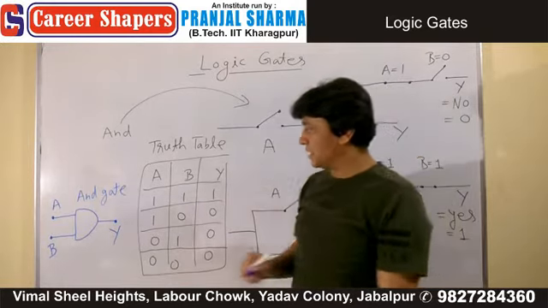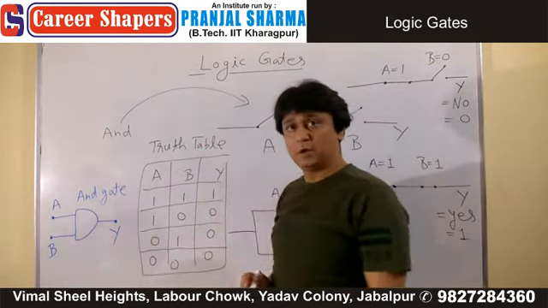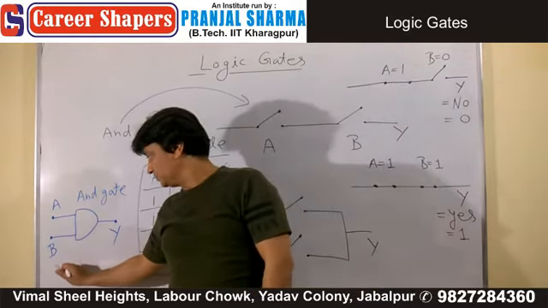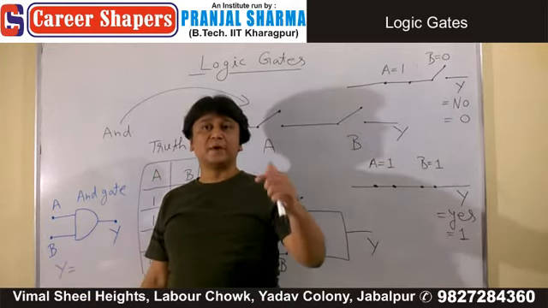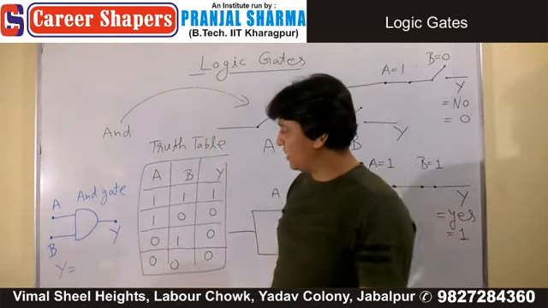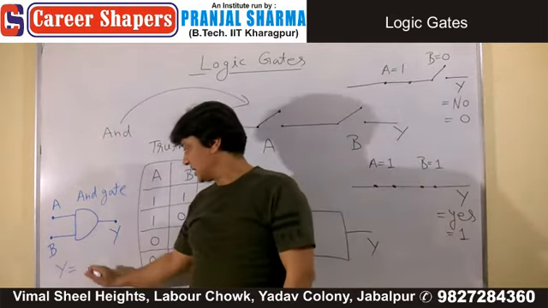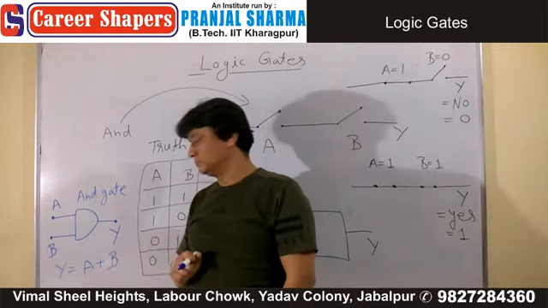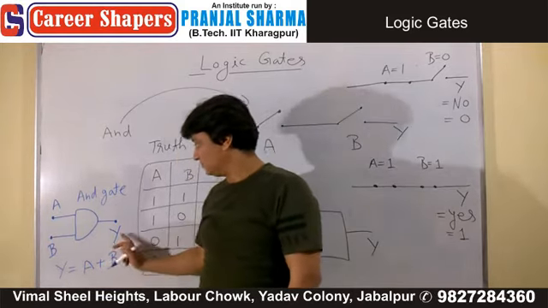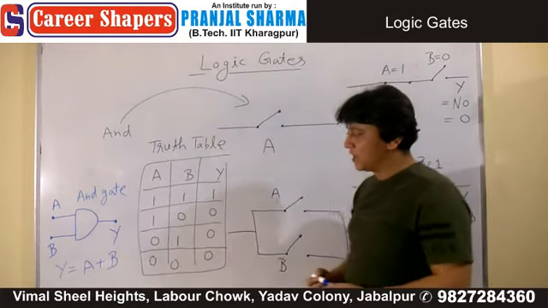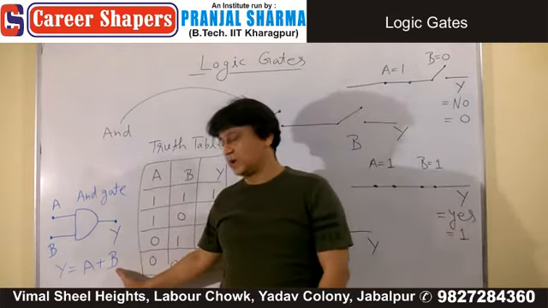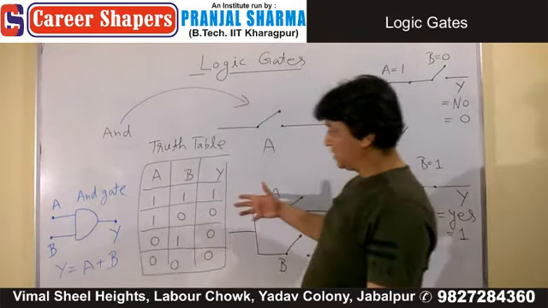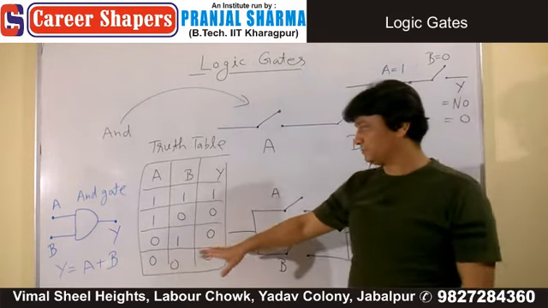Now observe one important thing for the truth table. What is that important thing? This Y is coming in Boolean algebra in very simplified form. This Y is represented with the help of A plus B. Now what is A plus B? Understand this part.